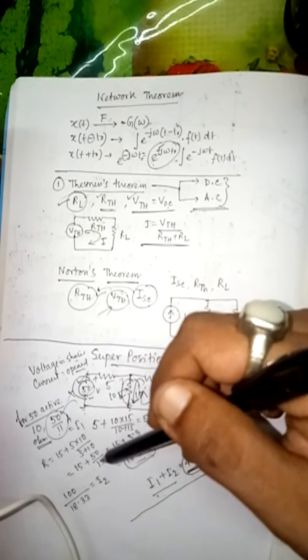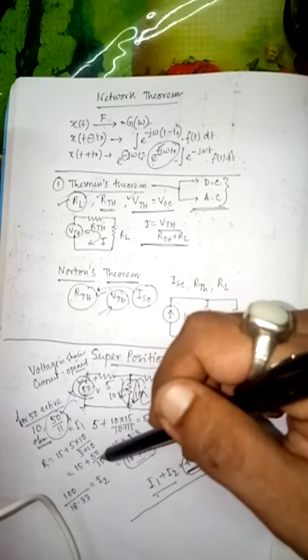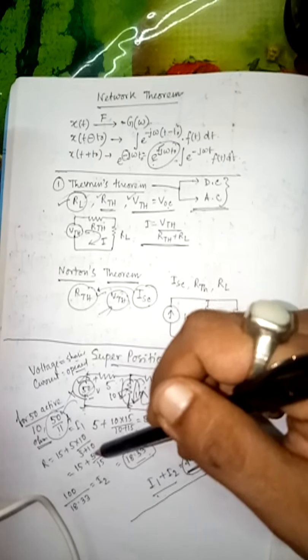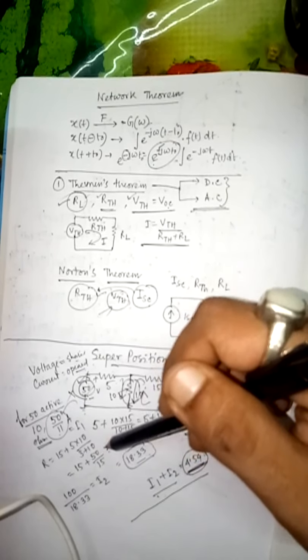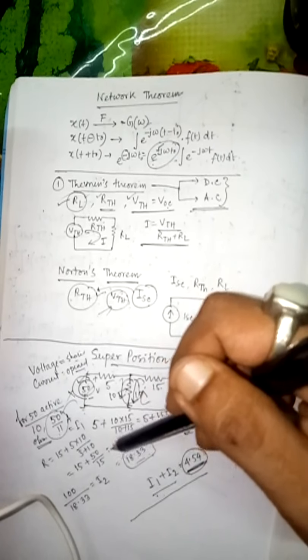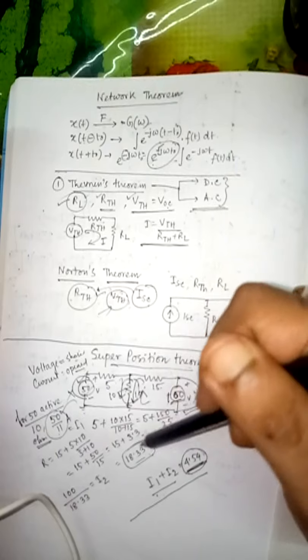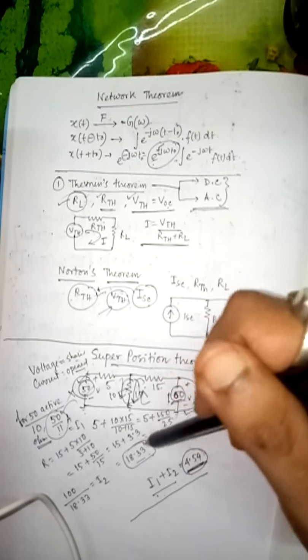Then it is 45 and 10, so 55 by 10, and finally it comes as 18.33.